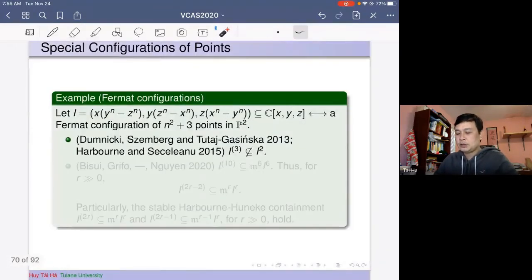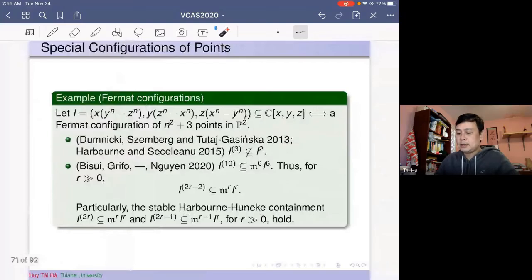Dumnicki, Szemberg, and Tutaj-Gasińska, later on Harbourne and Seceleanu, show that for this ideal, the containment I symbolic third power contained in I squared fails. What we could check is that I, the symbolic 10th power, is contained in m to the 6 times I to the 6.